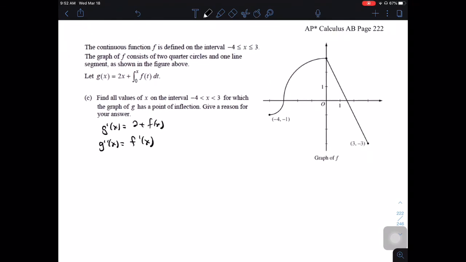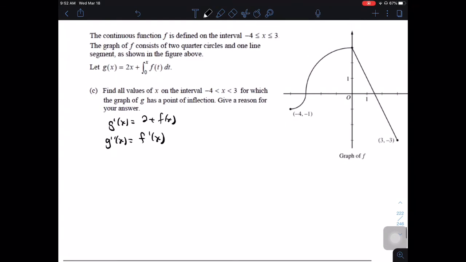So if you look at the graph, f prime is increasing, which is what g double prime is, from -4 to 0. And g double prime is decreasing, that's function f going down, from 0 to 3.